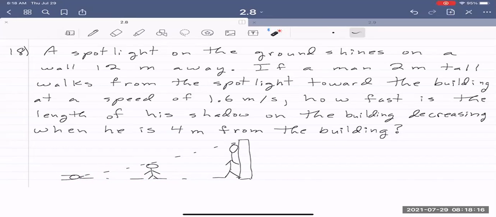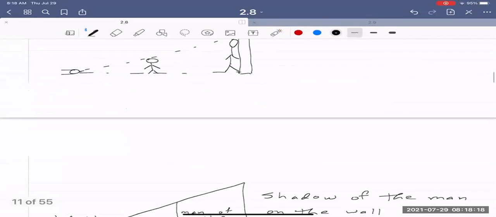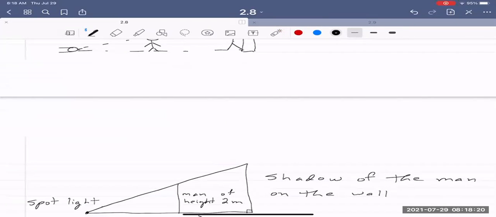So maybe I'll just say that this distance here is 12 meters. So you have this fixed distance here between the spotlight and the wall.